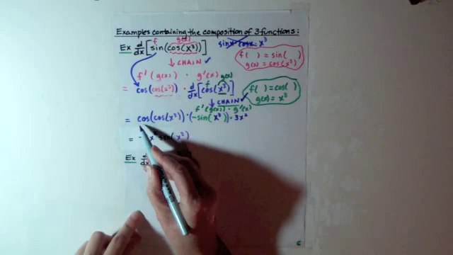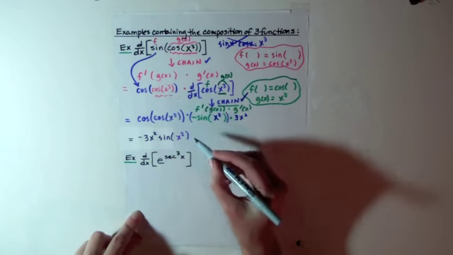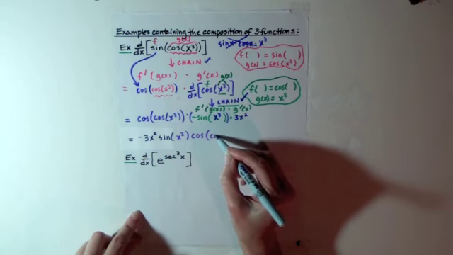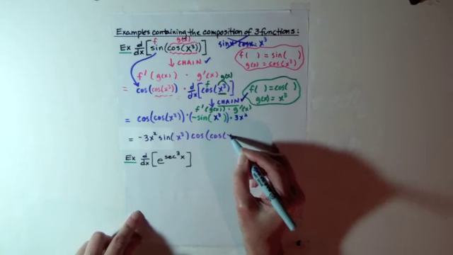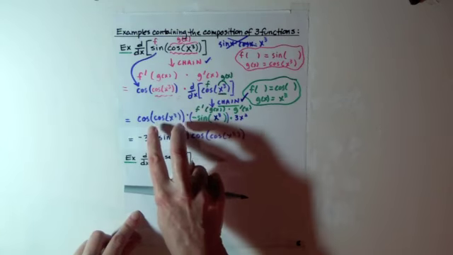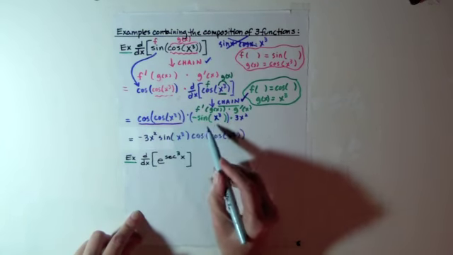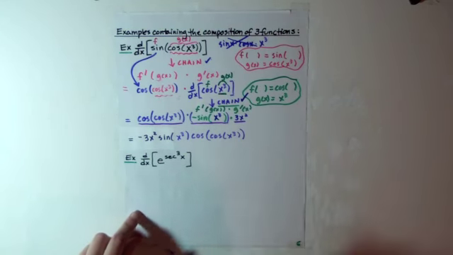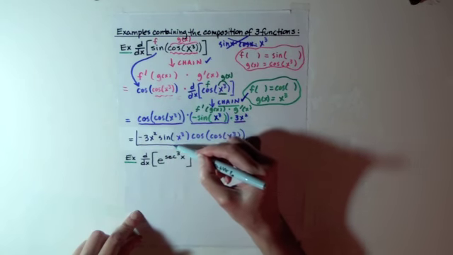And then I would write this longer factor here. It's cosine of x cubed. And all I've really done is rearrange the order of this factor, which is multiplied by this factor, which is multiplied by this factor. And that's how I would write my final answer.